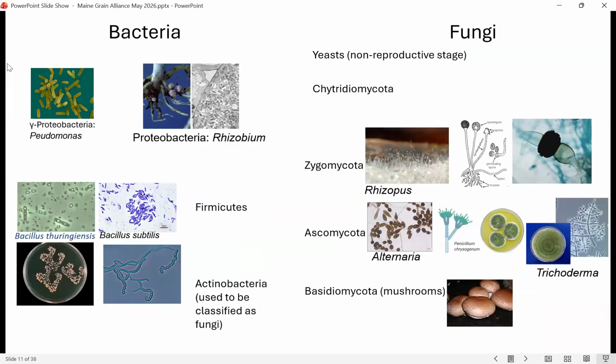Just wanted to introduce you to a few of the players in soil. Some of these are probably familiar and others kind of different. So I'm just going to have two columns here. One is bacteria on the left and fungi on the right. Bacteria are really kind of boring to look at as far as their morphology or their physical appearance. They're either cones, or spheres, or rods.